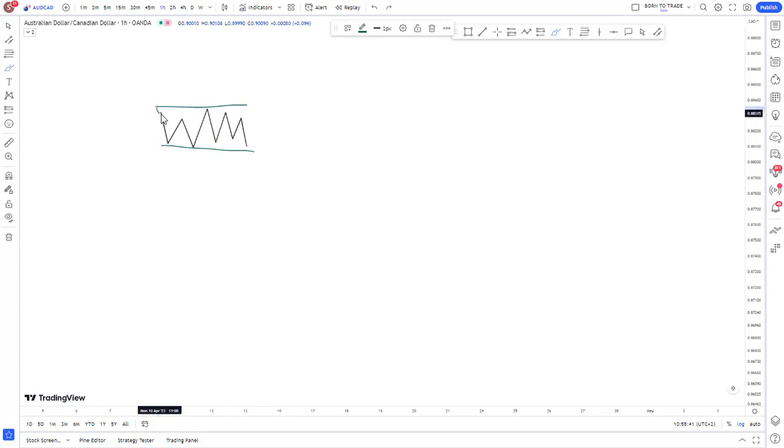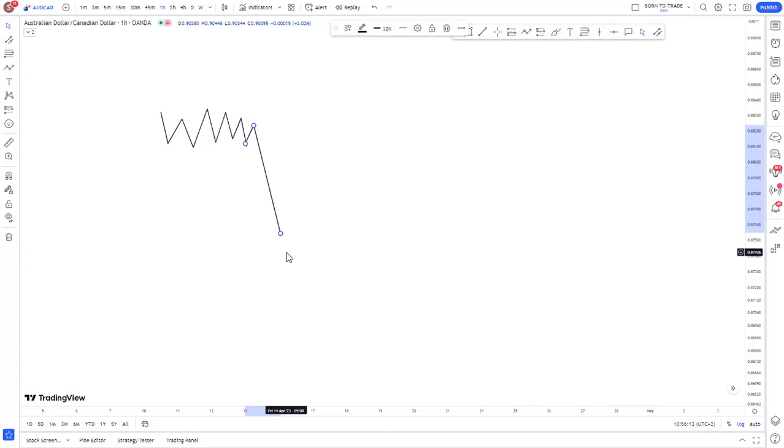You see sellers sell from this area to this area, and buyers took over to this level, and everyone was happy because supply and demand is equal at that area. Everyone was buying at that area. At some point, what do we see price do? We see a rapid expansion to the downside.